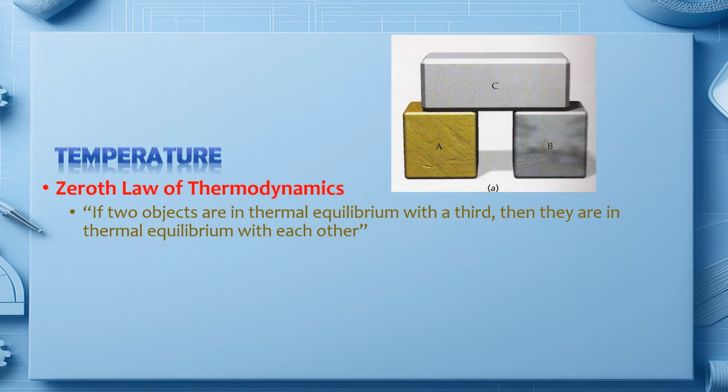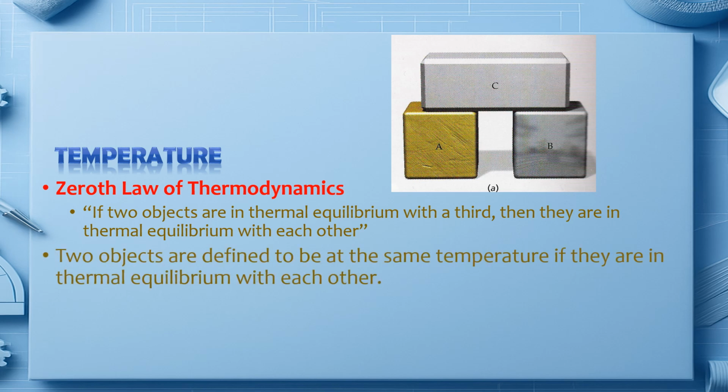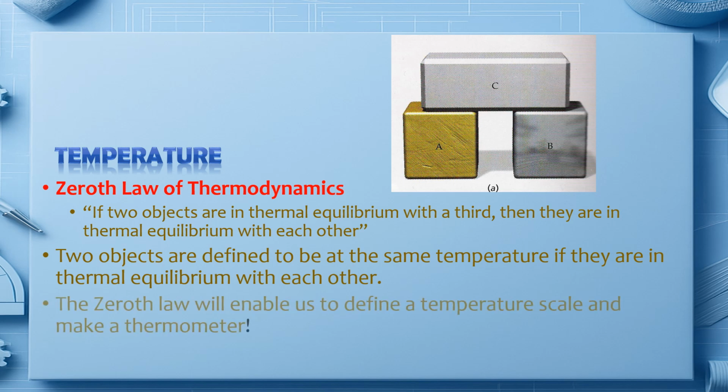So we have here the zeroth law of thermodynamics, which states that if two objects are in thermal equilibrium with a third, then they are in thermal equilibrium with each other. So two objects are defined to be at the same temperature if they are in thermal equilibrium with each other. The zeroth law enables us to define a temperature scale and make a thermometer.